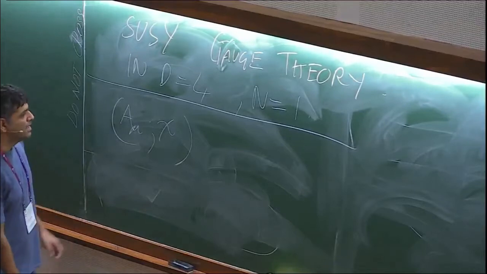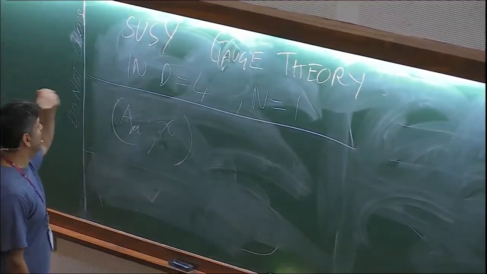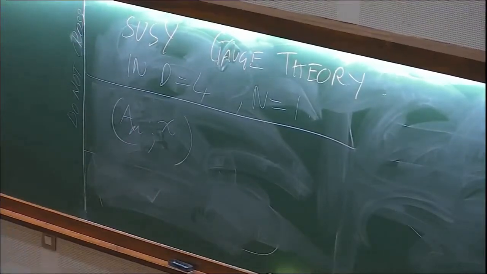So we've got a chiral fermion and a gauge multiplet, both of which are in the adjoint of the gauge group. This is the content of what's called the vector multiplet of 4-dimensional supersymmetry.